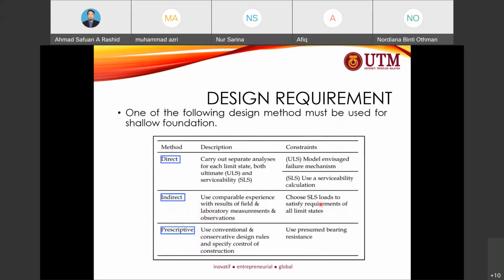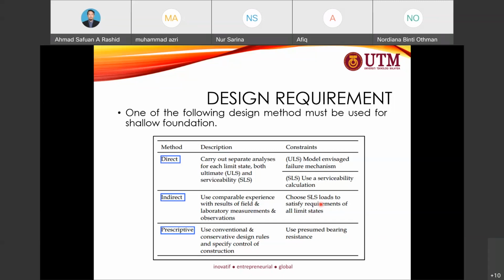So design requirement: one of the following design methods must be used for shallow foundation. So we have here direct, indirect, prescriptive. Direct: carry out separate analysis for each limit state, both ultimate and serviceability.